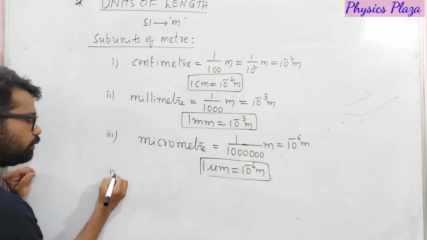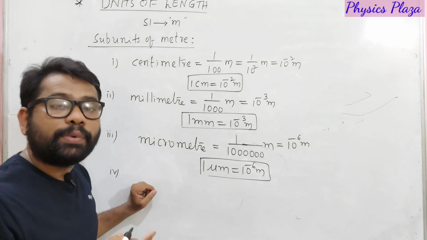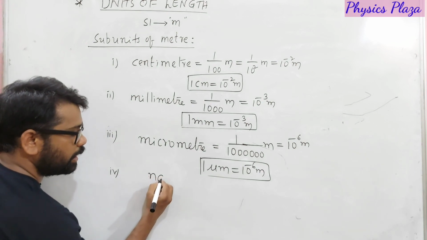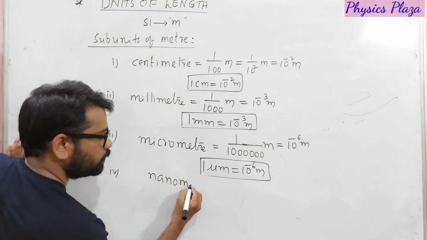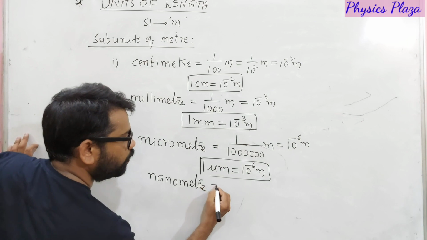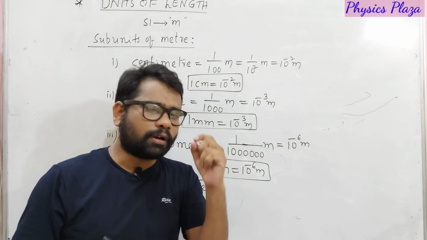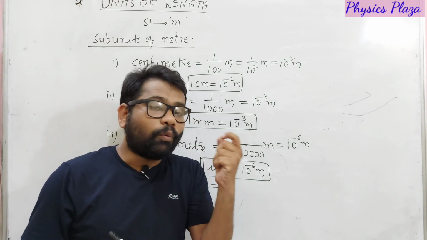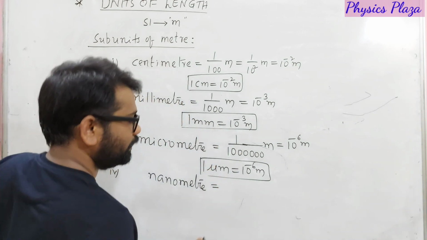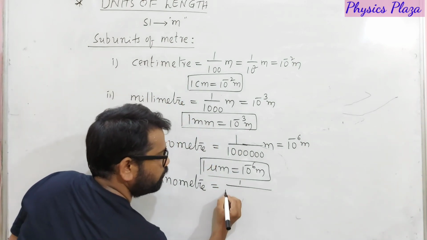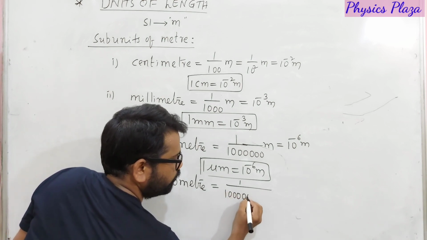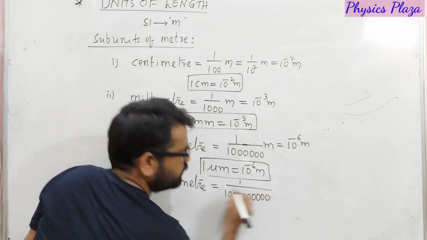The fourth one is nanometer, very important. So what is a nanometer? It is a 1/billionth part of a meter. How small it is, just imagine. 1/billionth part of a meter, that is 1 by 1 followed by 9 zeros.